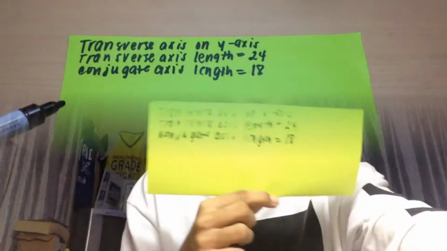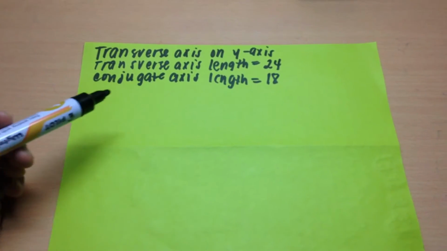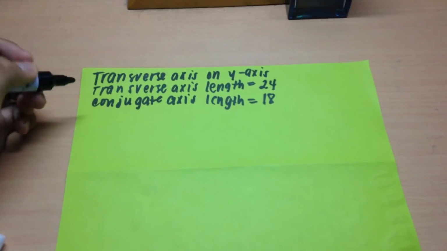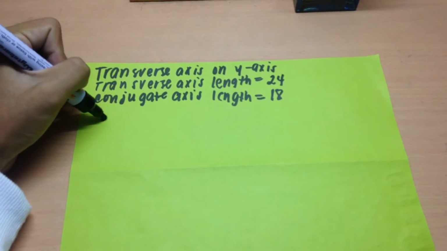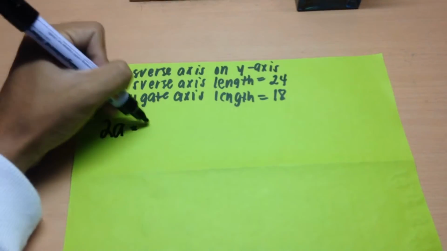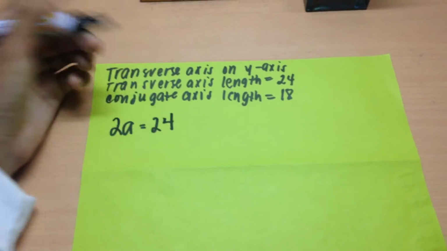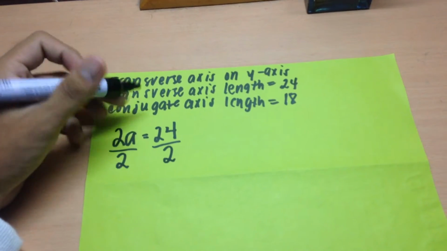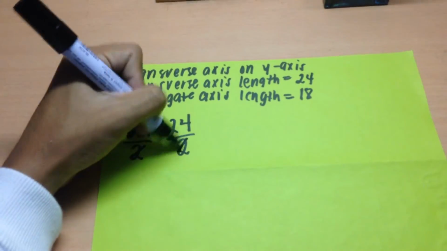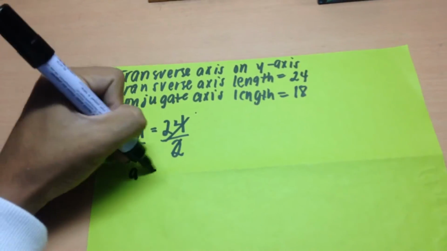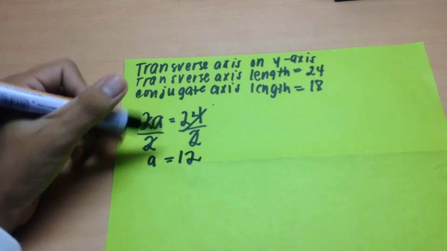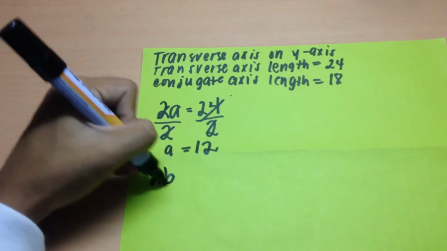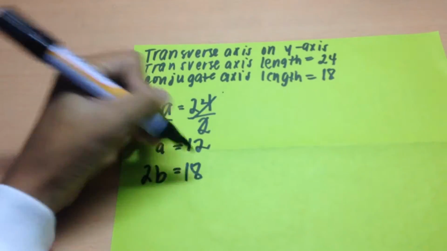Again, we have to get the half of the conjugate axis length and the transverse axis length. So 2a is equal to 24. Get the value of a, that's 12. Now let's get the value of b, which is 9.